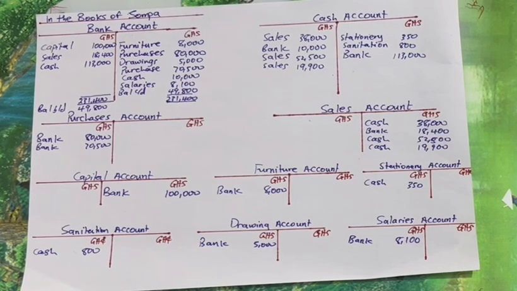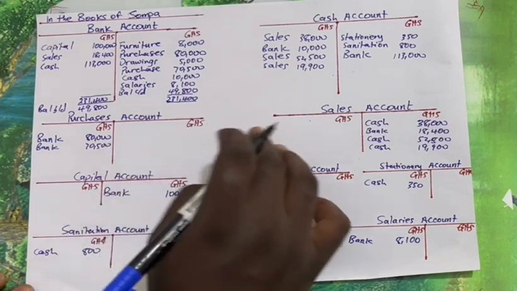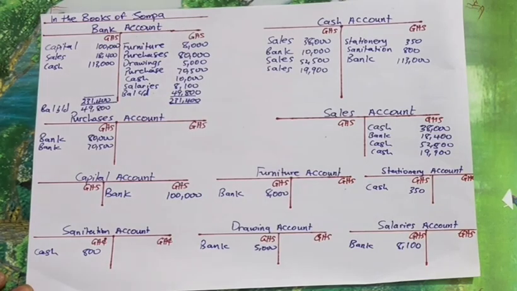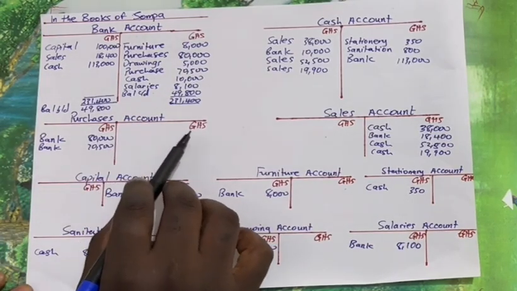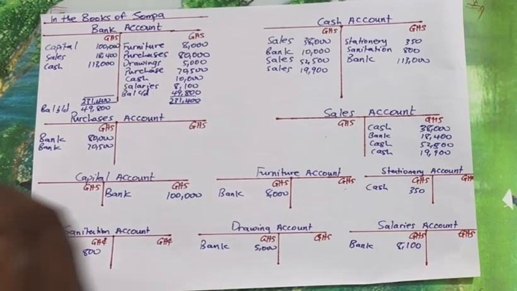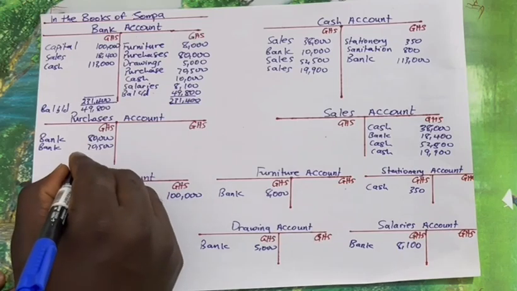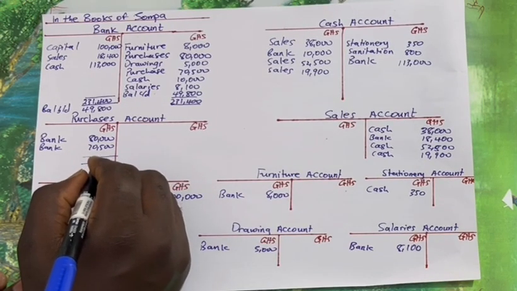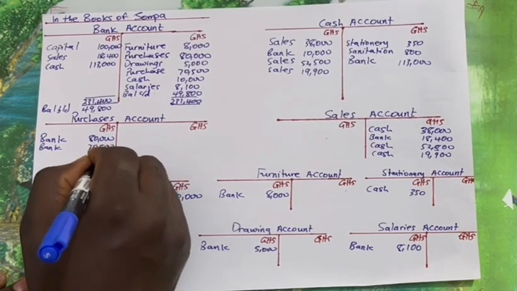Do we get it? Okay, now let's move to our purchases account. For our purchases account, we don't have anything at the credit side, which means we can look for the totals at the debit side. The total will be 150,500.